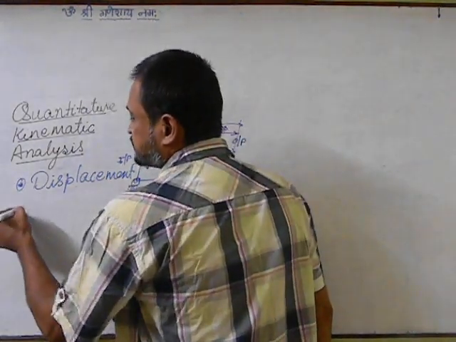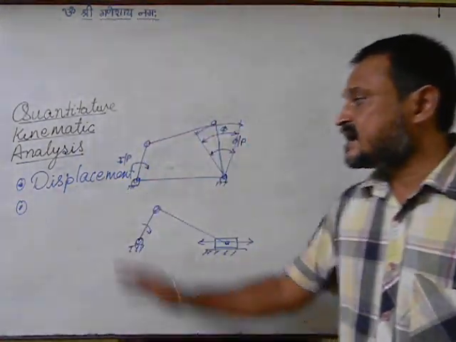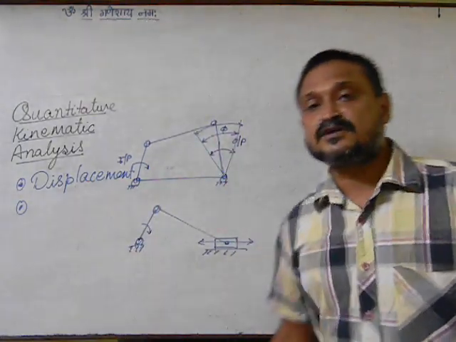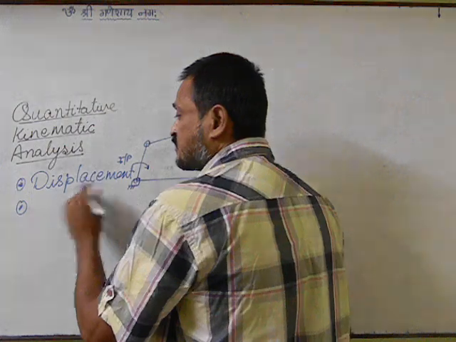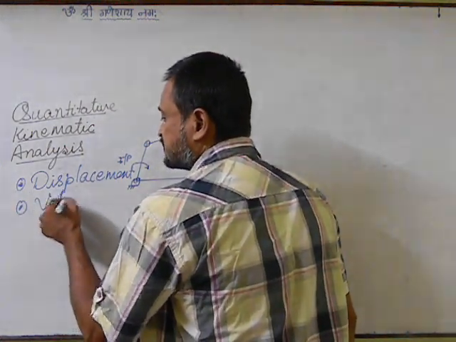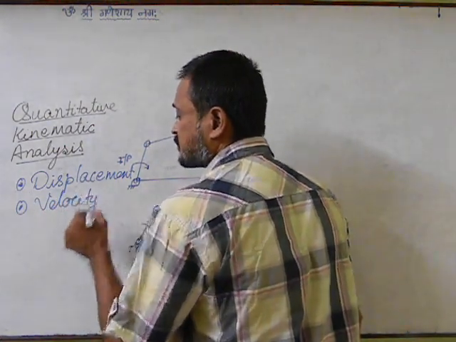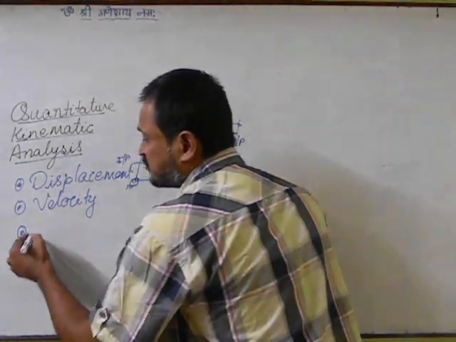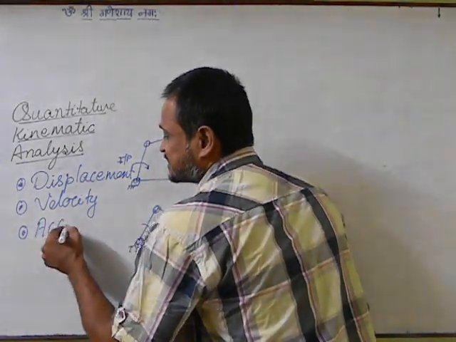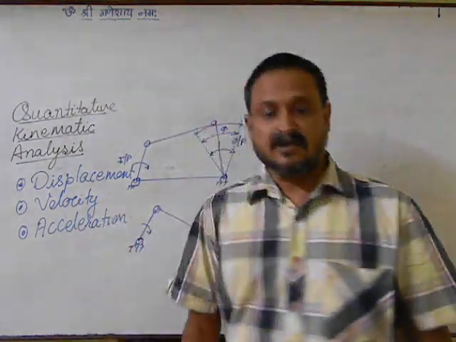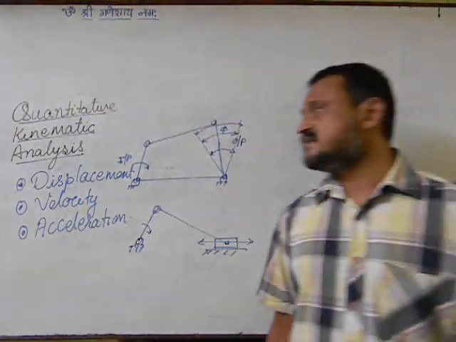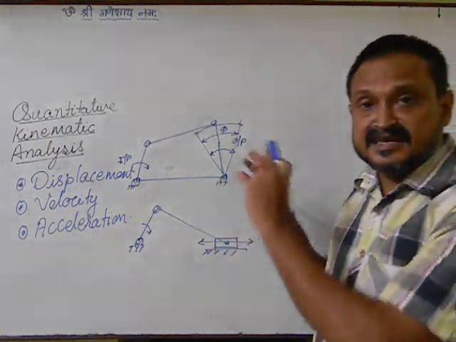That is the first point. Second point, that means at what time, at what speed, or at what conditions it should do. That means the rate of displacement we are talking about, so it is the velocity. And finally the rate of velocity, which is acceleration. So that is how we are going to quantify this after understanding the motion.